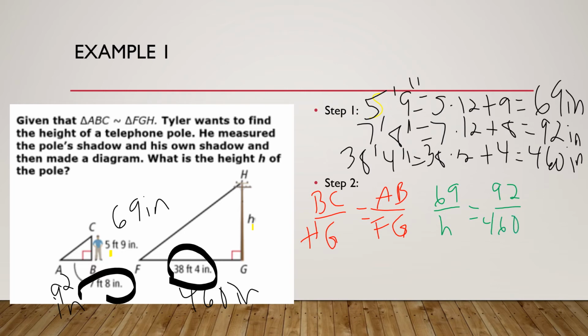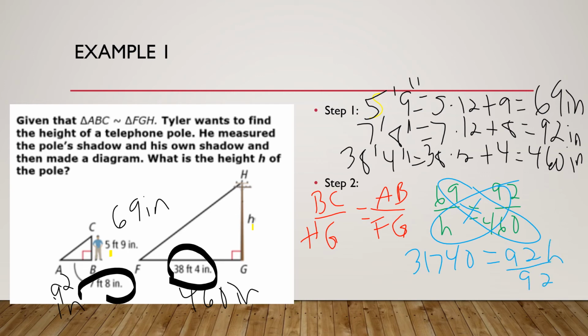We would do our cross multiplying in order to solve. So we would multiply 69 times 460, and that would give us 31,740. 92 times h is just 92h.